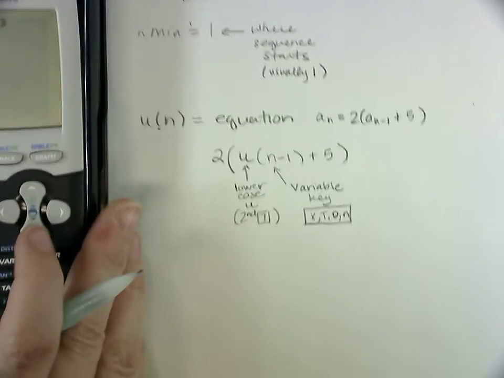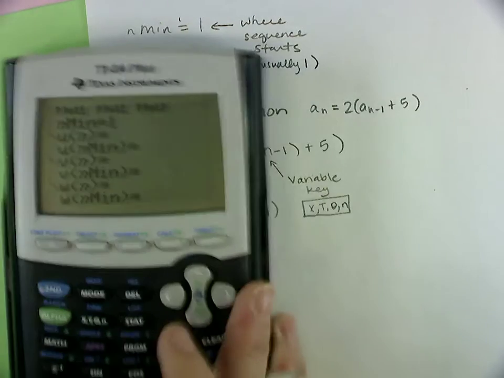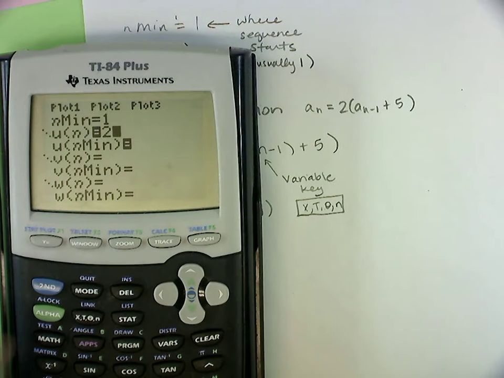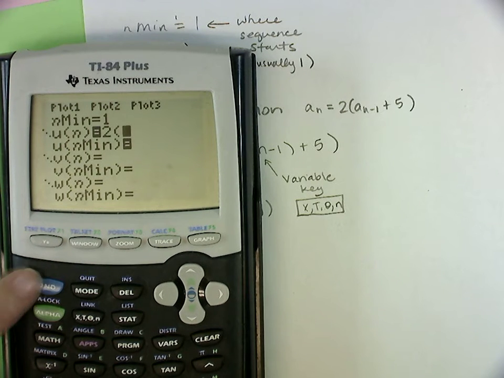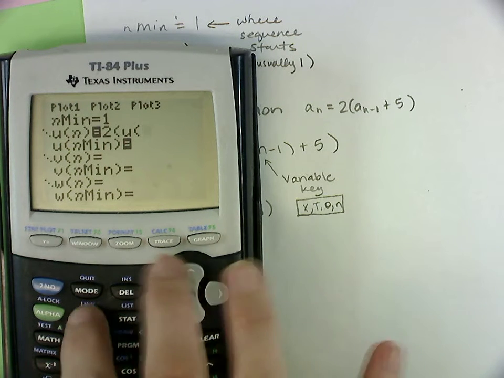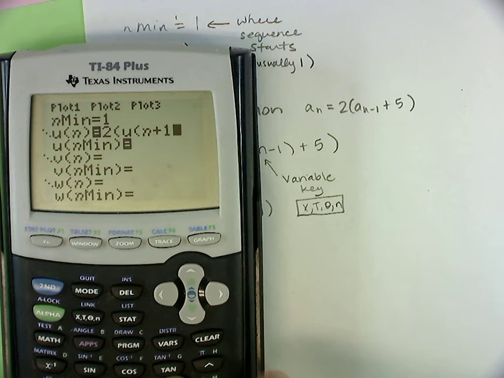Okay, so let's see if we can do it. So we're going to do 2, and then parenthesis. The lowercase u is right above the 7, so second 7, and then in parentheses our variable key minus 1, close, and then plus 5, close.